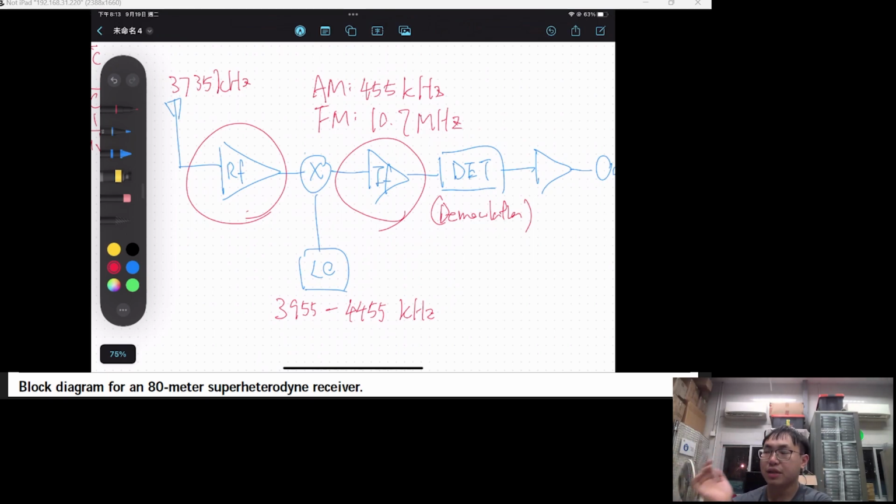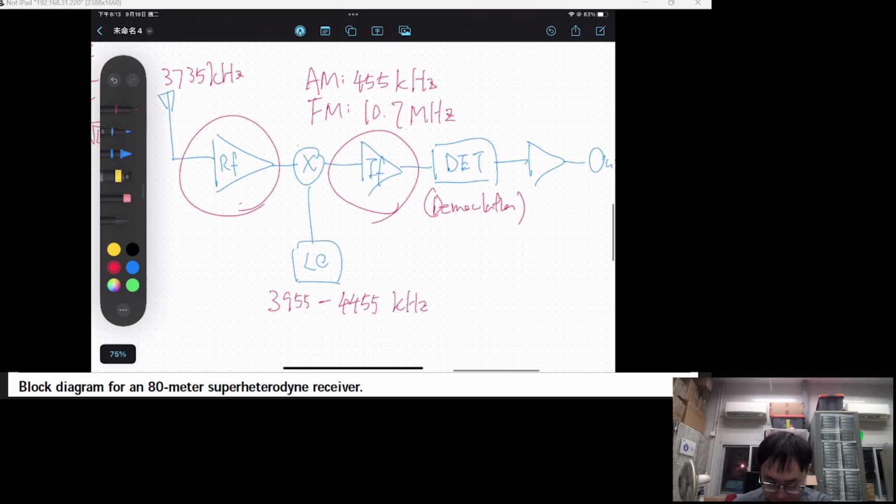For the superheterodyne radio, we are trying to change the receiver frequency to an intermediate frequency. For an AM signal, the intermediate frequency will be 455 kilohertz. I don't know why they put it standard like this, but this is how nearly all the radios do it.